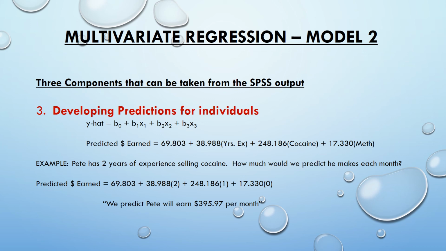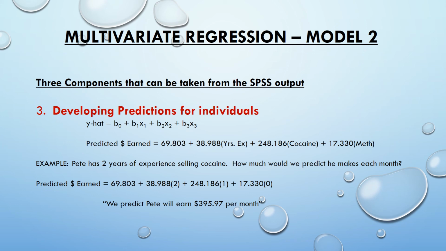And then for the predicted money earned, I went to that unstandardized coefficient column, the capital B's, and you just insert the values as they correspond to the constant of 69.803, and then for each one of your particular predictors that you have in the model. Then the X's just become the values for those.